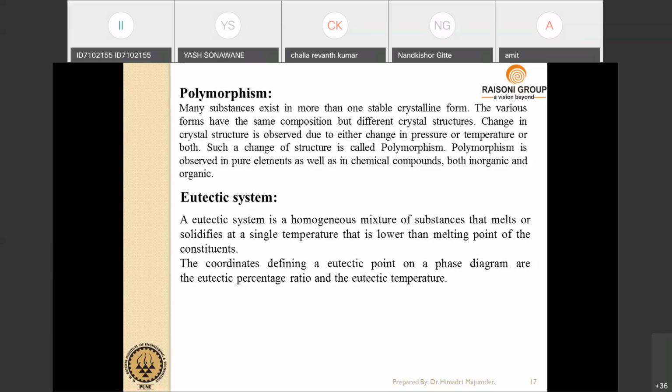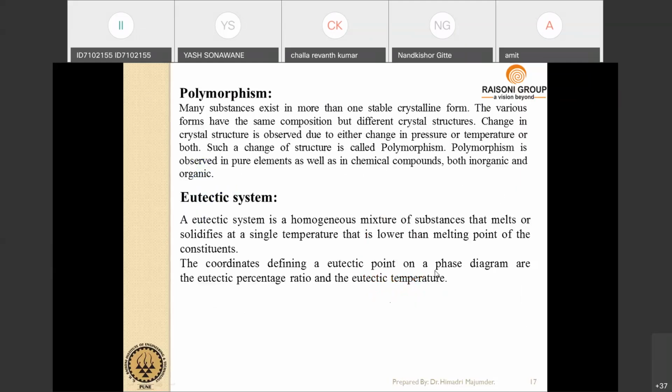Now, what is homogeneous? Here we have written homogeneous mixture. What is a homogeneous mixture? Anybody?